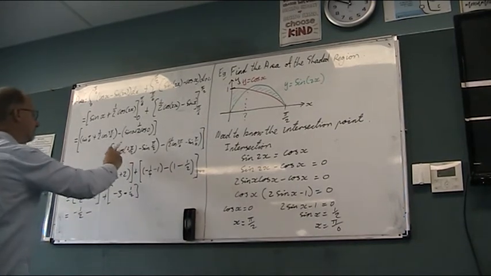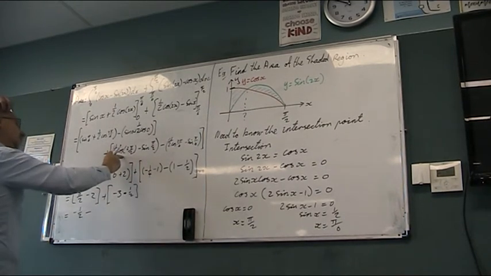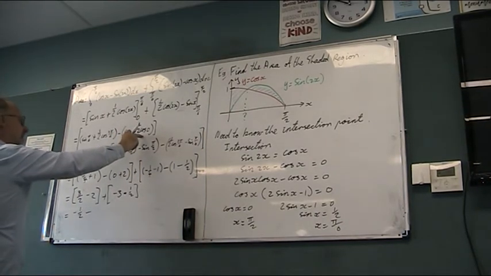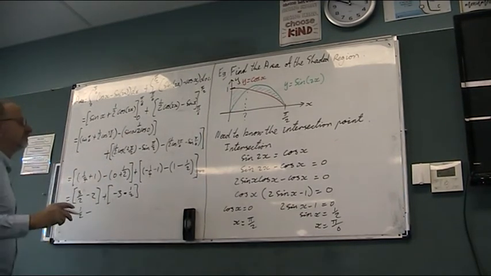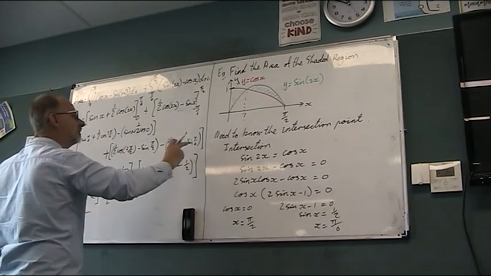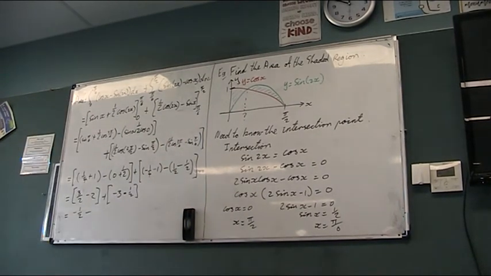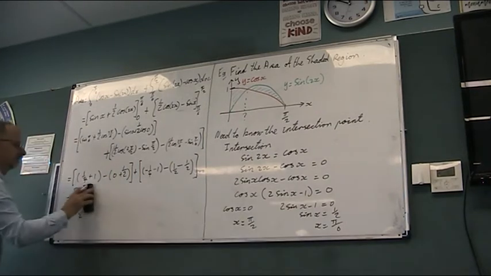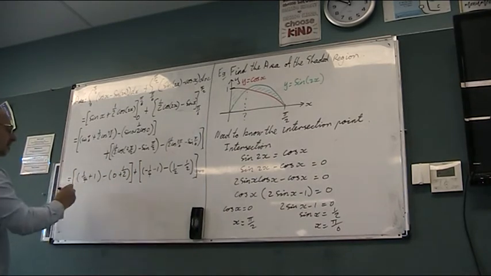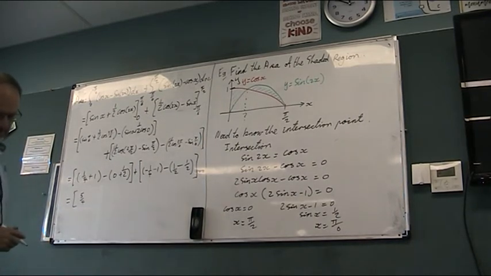And then cos of pi, oh, wrong one. Cos of 0 is 1, so that's a half there. Yeah, it's a quarter. It's a half. Alright, quarter plus 1 is 5 quarters minus a half.